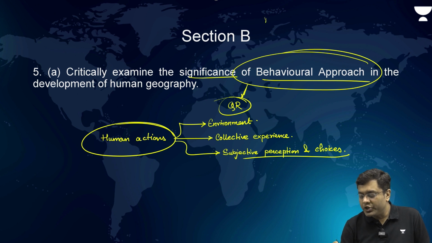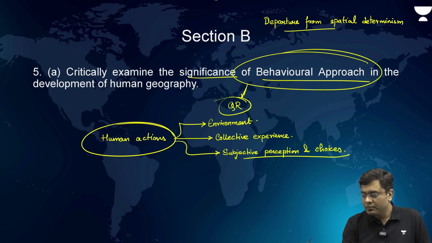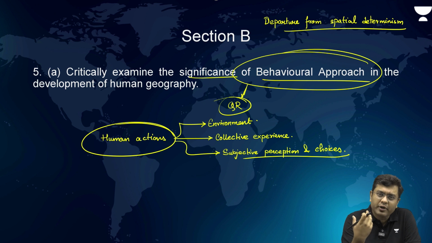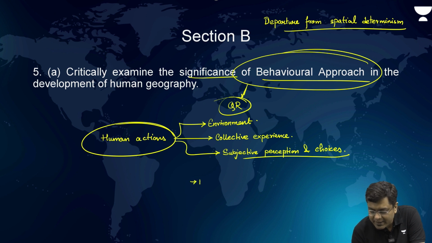So, departure from spatial determinism, okay, where human behavior was considered to be a driving force. So human geography was given a different paradigm altogether. Micro level analysis was arrived at.